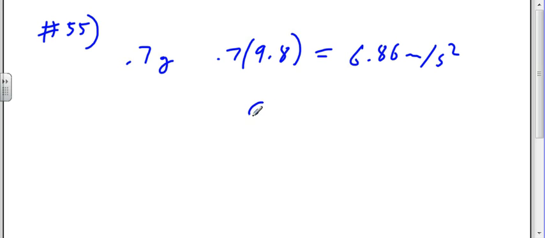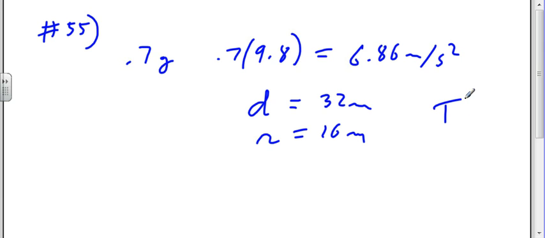And my diameter is 32 meters, meaning my radius is 16 meters. And we want to give the answer as the time needed for one revolution. So all we want is the period, okay.